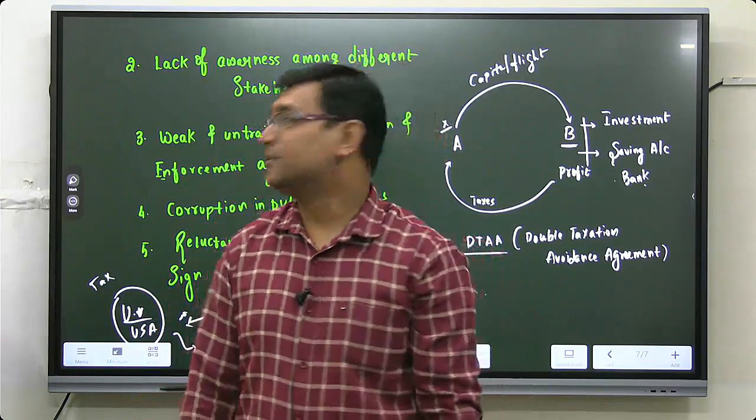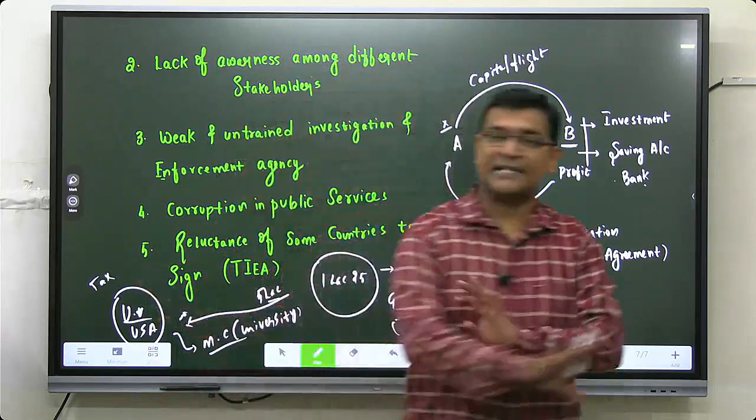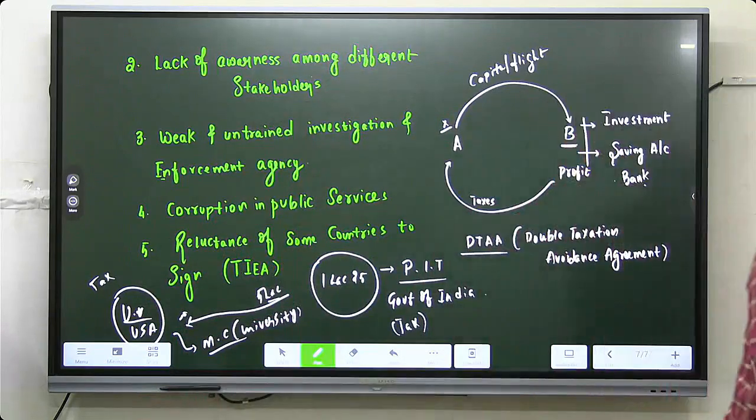But suppose these two countries do not have any tax agreements at all. Then what will happen? I will earn 5 lakhs, but I will not bring it into my account, because if I bring it into my account, the government will know. Okay, sir, you have taken a visa for UK. Where are you going?